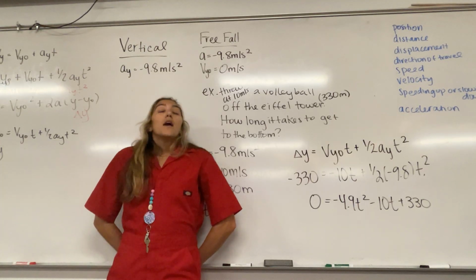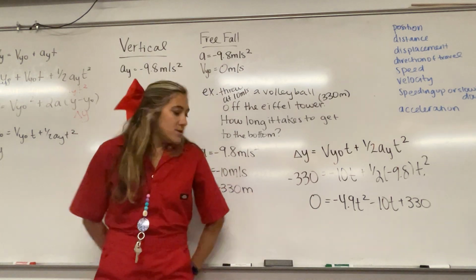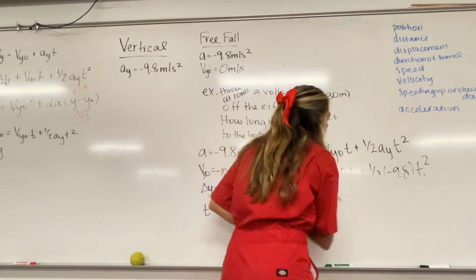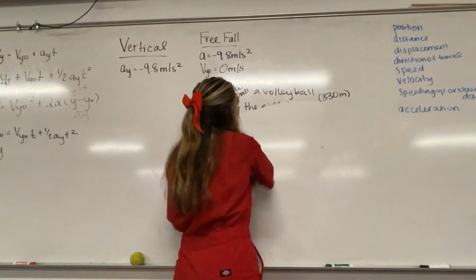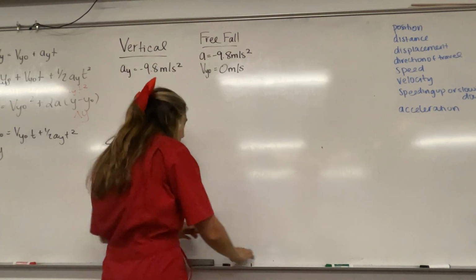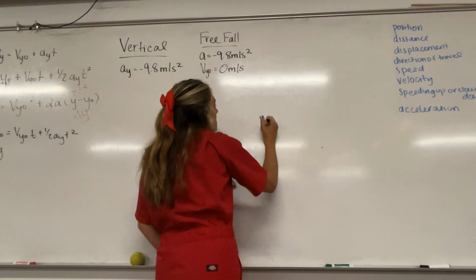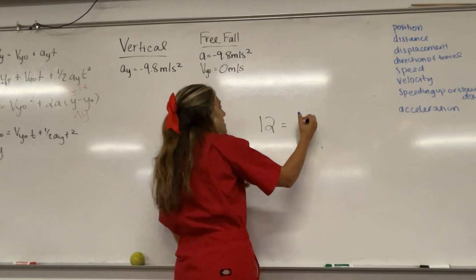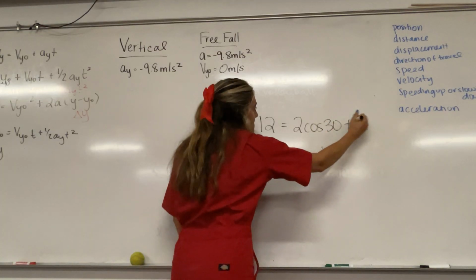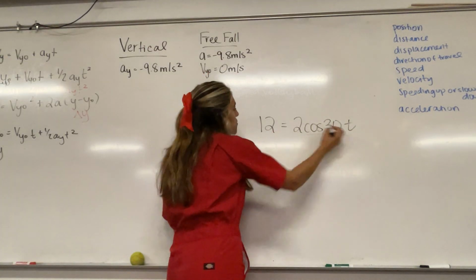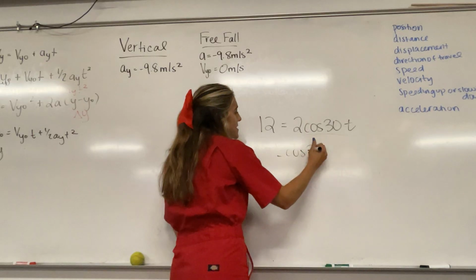But if you play around with the Casio, I did this math because it was something that they needed for the test, and I saw a couple of students get it wrong. So they were solving something. This was like 12, and then this was 2 cosine 30t. So they divided 12 by 2 cosine 30, let's say.